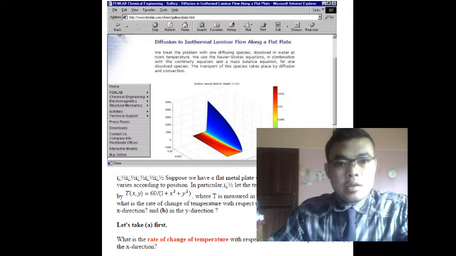We can read this. Suppose we have a flat metal plate where the temperature at point (x, y) varies according to position.